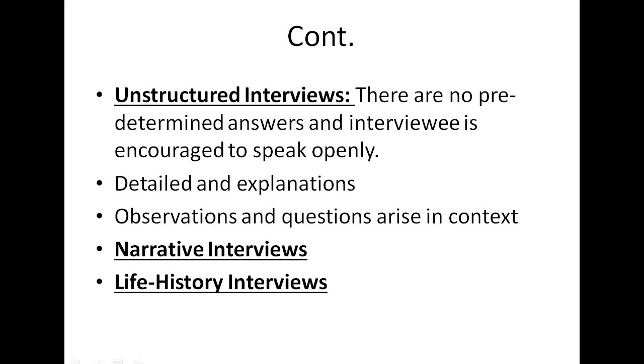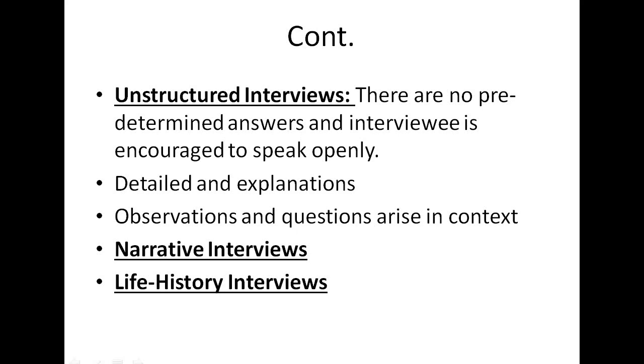Then number 3 is unstructured interviews. There are no predetermined answers, and the interviewee is encouraged to speak openly. So this is a kind of open discussion on a certain topic, and you encourage your respondent to speak openly, with detail and explanation. So this kind of interview is a detailed one, and the respondent, the person from whom you are taking this interview, explains so many things.